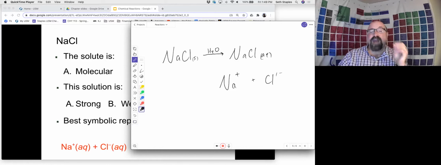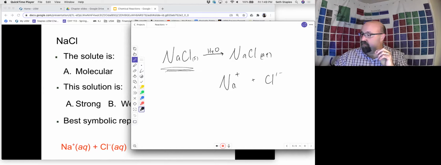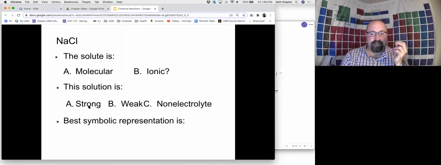That's going to be very, very important for us going forward, that recognition that that's what an ionic aqueous solution is. When we have a strong electrolyte, it means that every bit of this NaCl is actually going to exist as the ions in that solution. And we'll see what that means for us in a little bit.